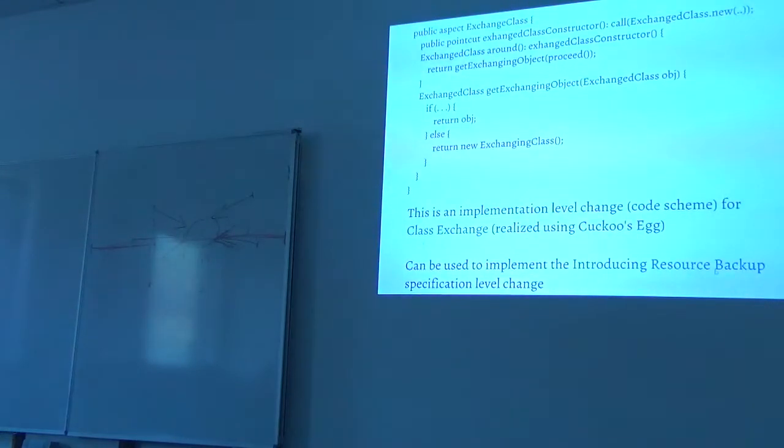So there is some resource, and you need to introduce some backup for it. And if that's the case, then that problem will occur, and you can use this implementation scheme. So in a way, you will have a catalog of these specification level changes and implementation level changes, and they are mapped to each other.